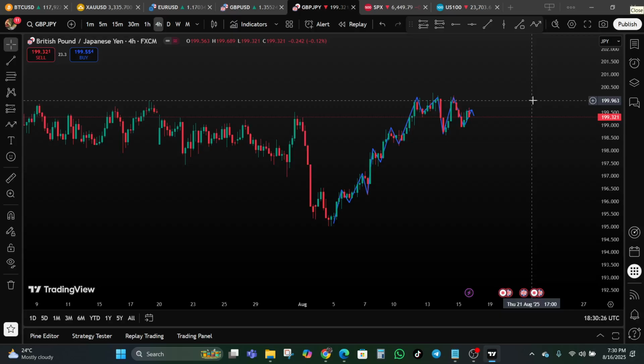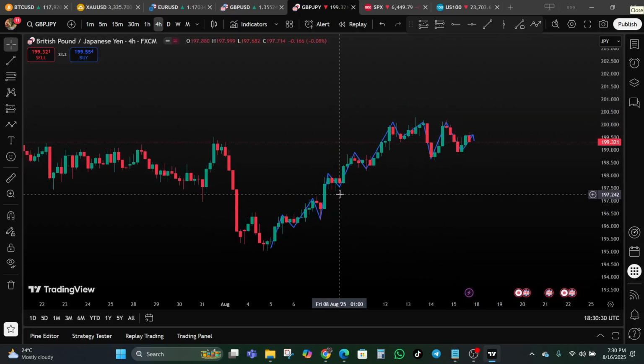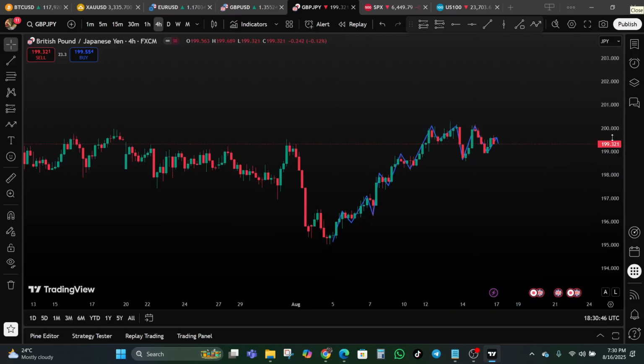So instead of entering right after a big push, you wait for the market to pull back into a level where institutions are likely interested. You think of it this way: when price rallies strongly, it often leaves behind unfilled orders at certain levels.